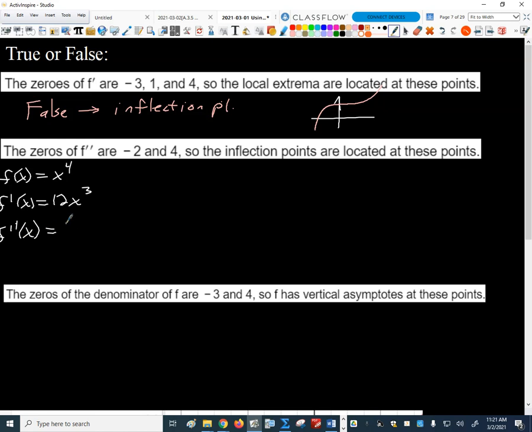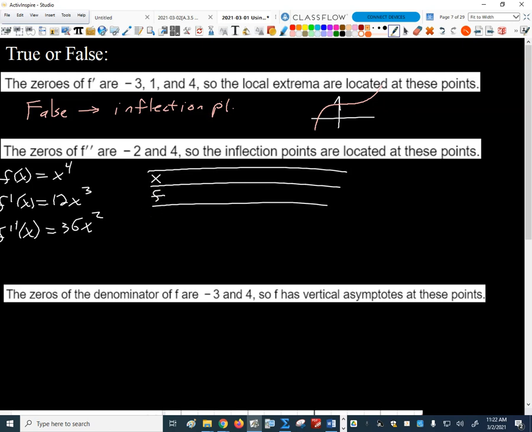F double prime of x equals 36x squared, right? Well, the zeros of all the derivatives are 0, aren't they? So if we made a table out of this, remember doing this? We had 0 as a zero of the function, the first derivative, and the second derivative, right?